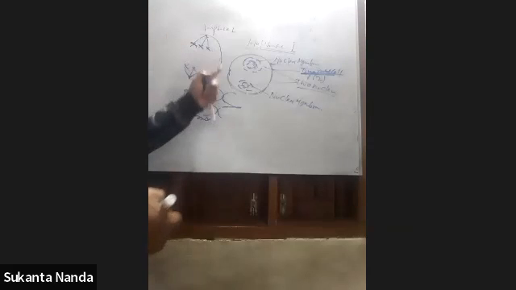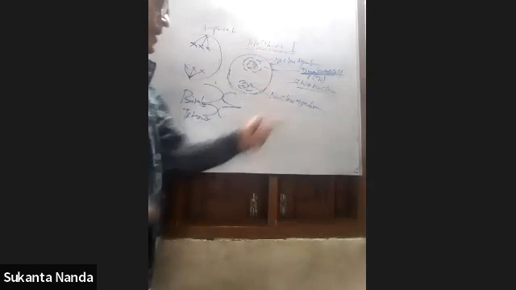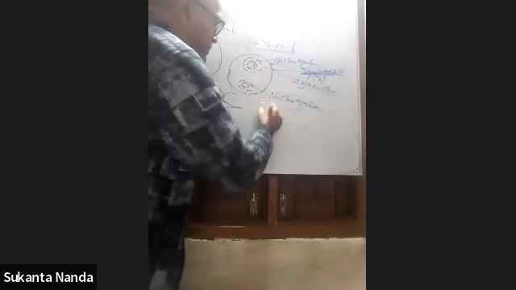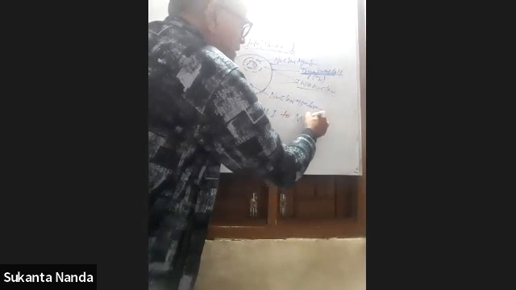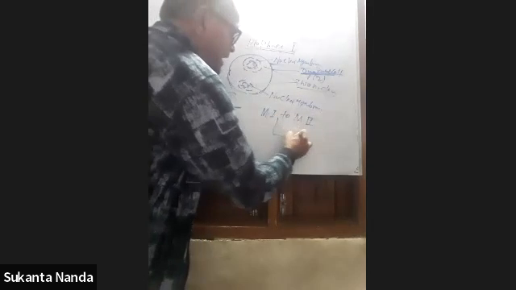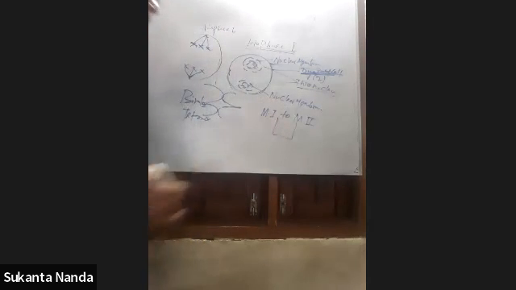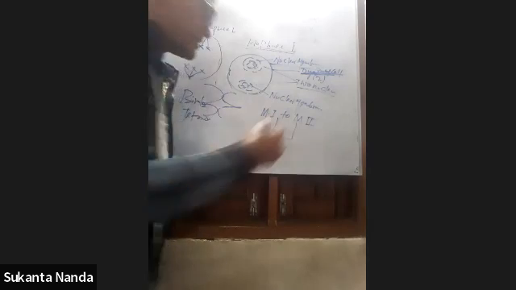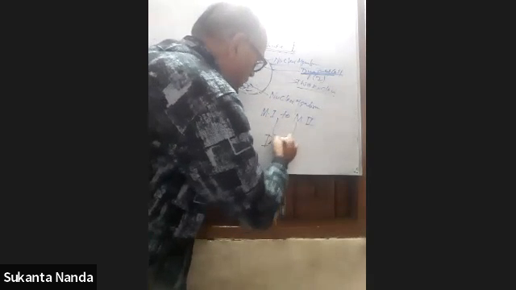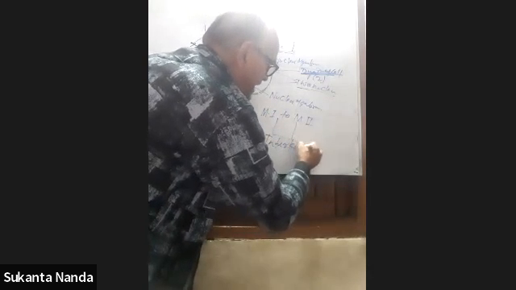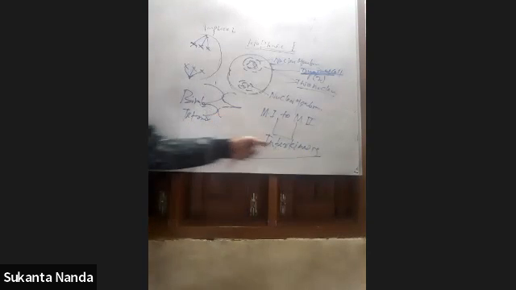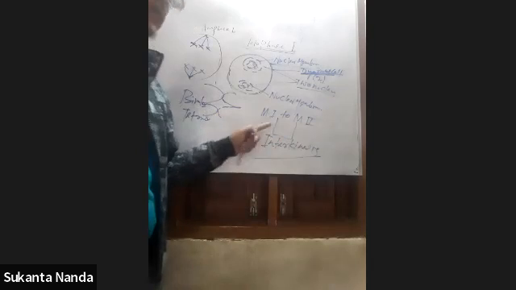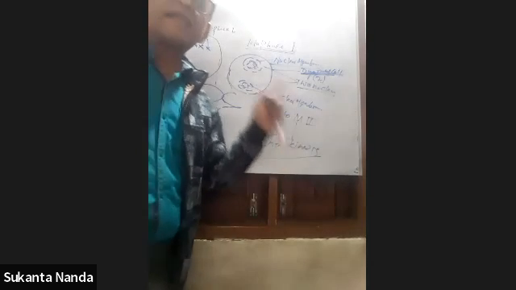In between telophase one, that is, between meiosis one and meiosis two, there is a gap, and that gap is called interkinesis. In interkinesis, no DNA synthesis takes place.